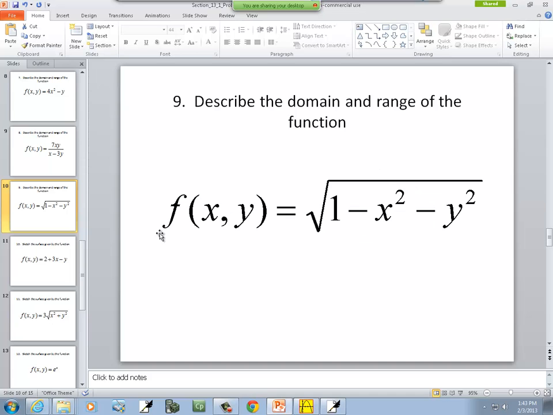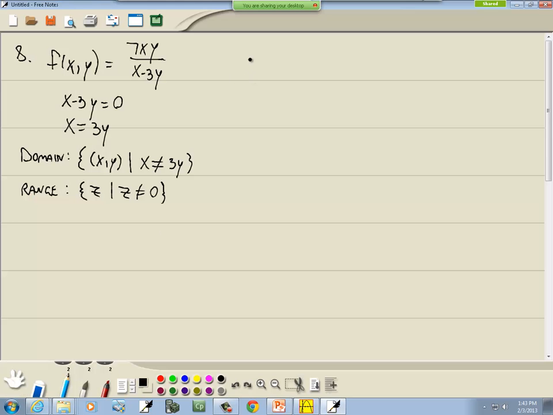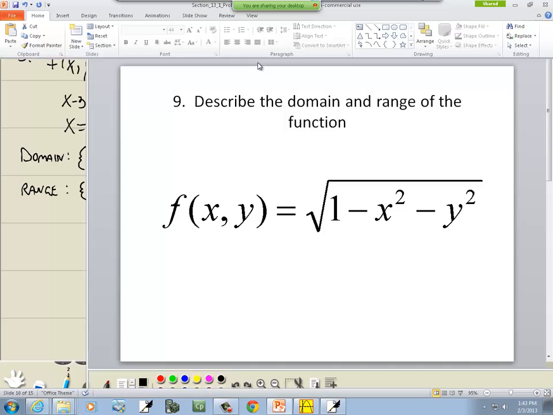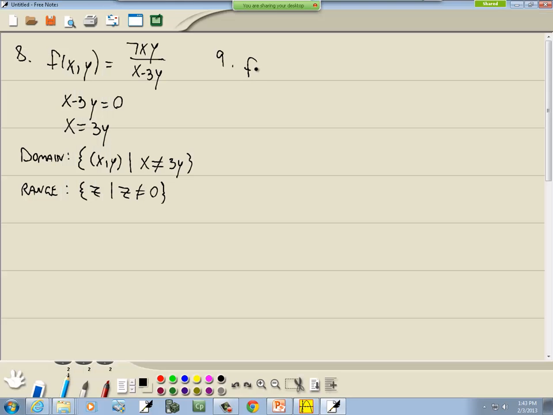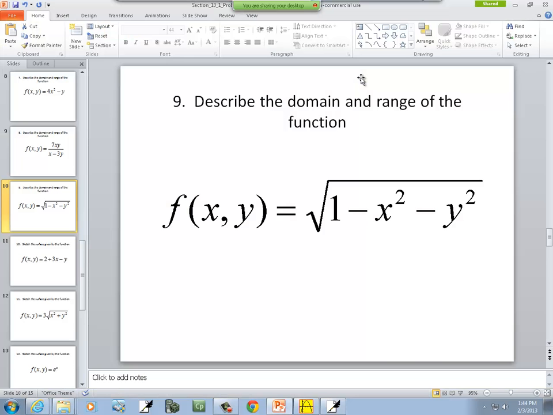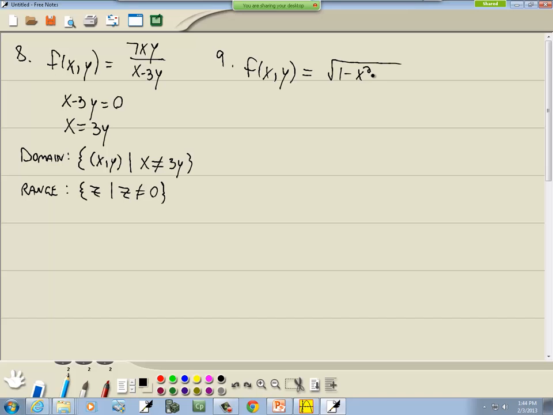Okay, let's look at this one. F of xy is equal to the square root of 1 minus x squared minus y squared. Well, here we have a radical with an even index.